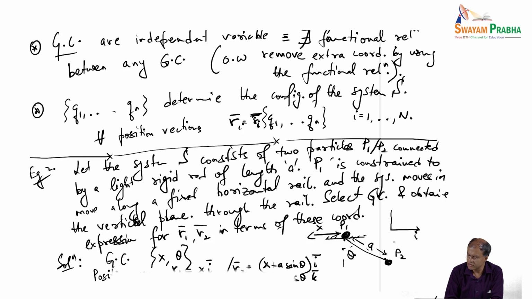My I direction is the horizontal direction and k is the vertically upward direction. Okay, so hence we have a minus sign, minus a cos theta k, right? So this is coming from pure geometry here.